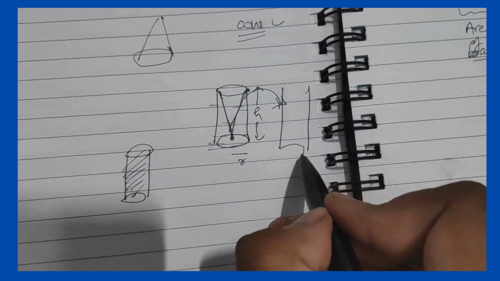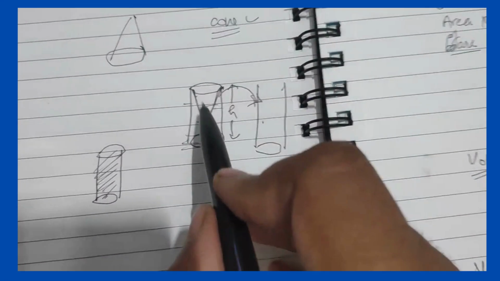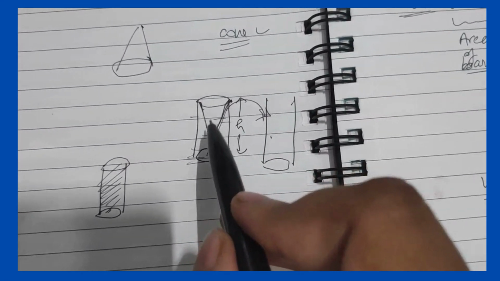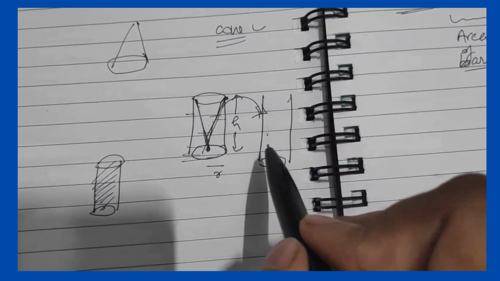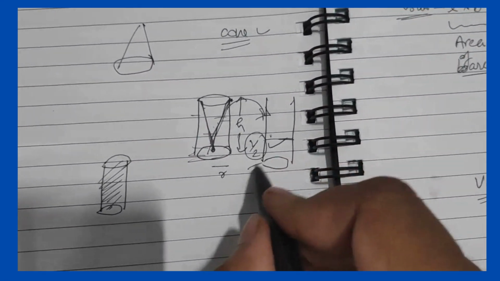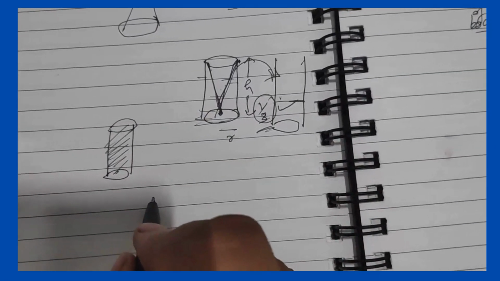What we found is that the water which comes out is the volume of the cone. Obviously, however much space the cone uses, that much water will come out. That water is only 1/3 of the volume of the cylinder.